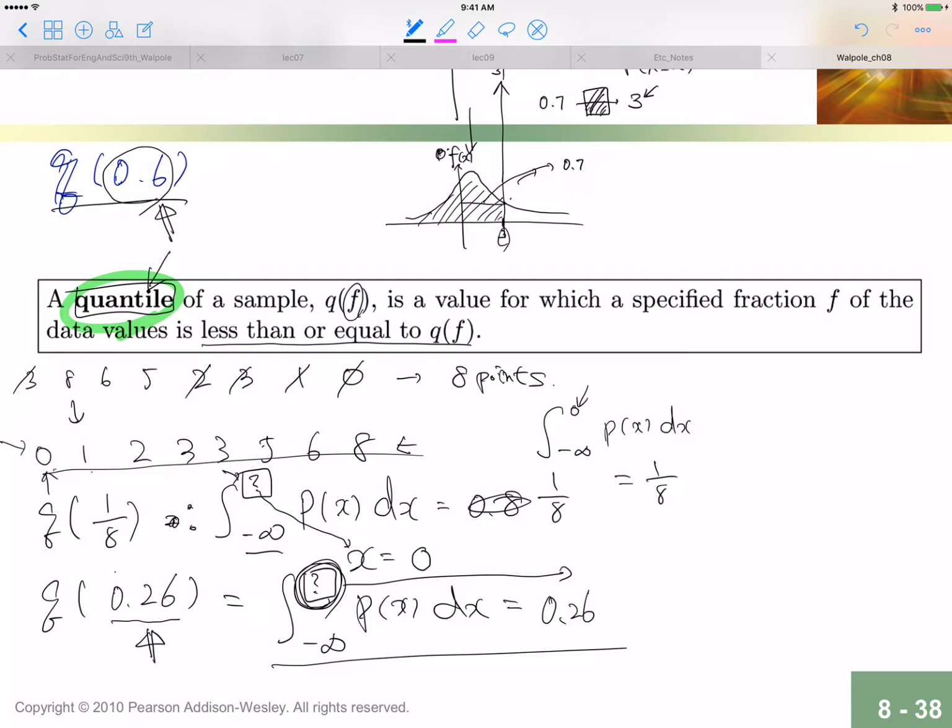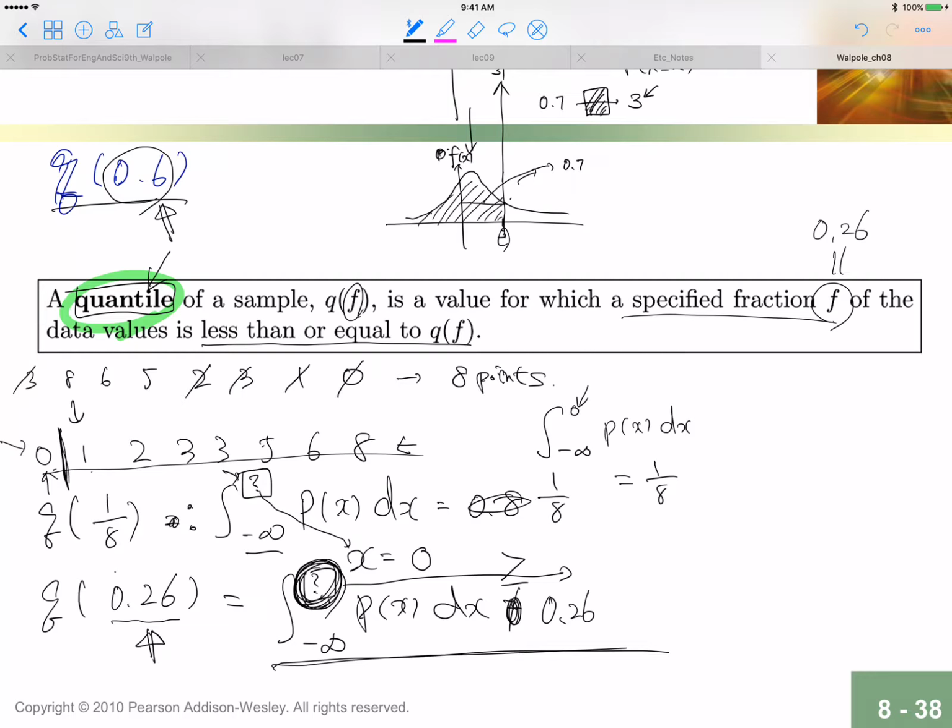So in this equation, it may not be exactly true, but let's look at this definition of the quantile. The specified fraction, which in our case is 0.26, and this probability value is less than the actual probability. So among all the values satisfying this equation, we choose the smallest one.